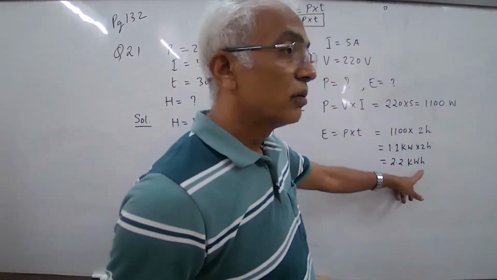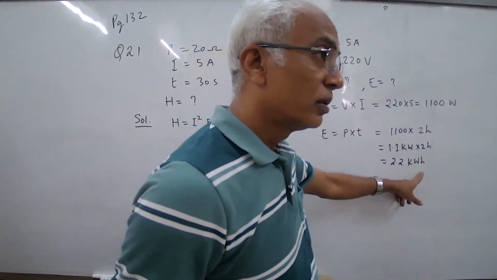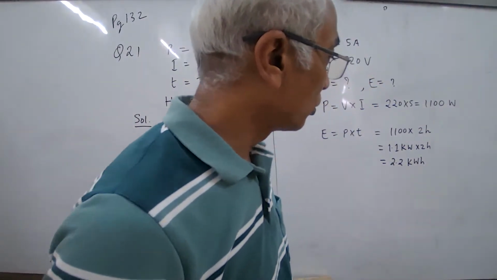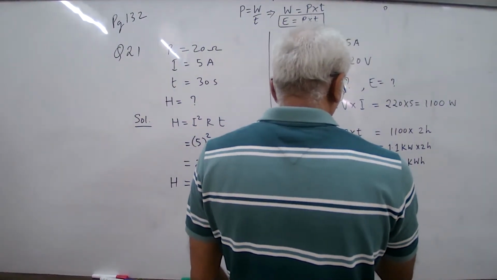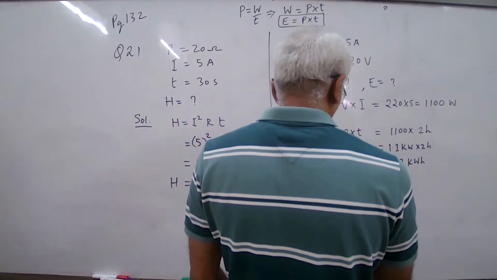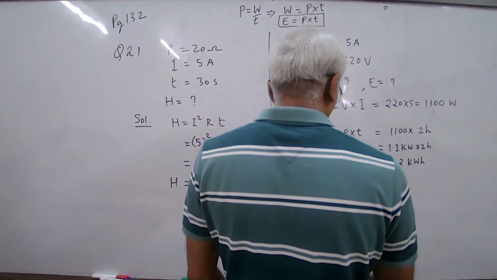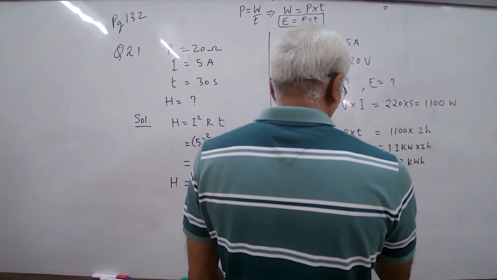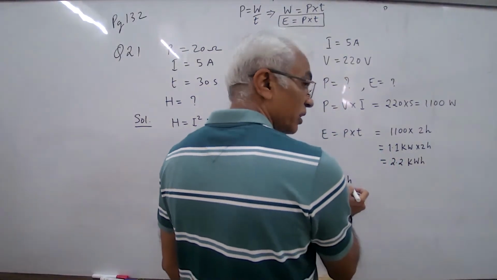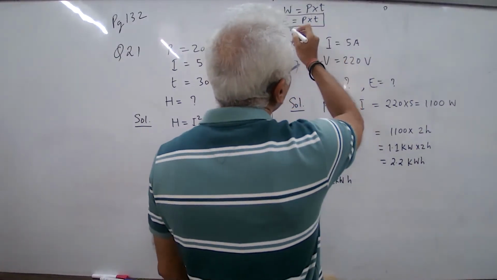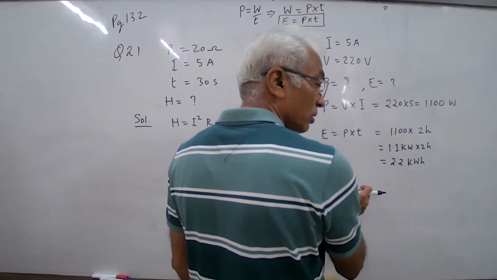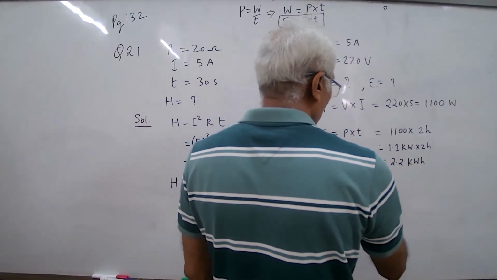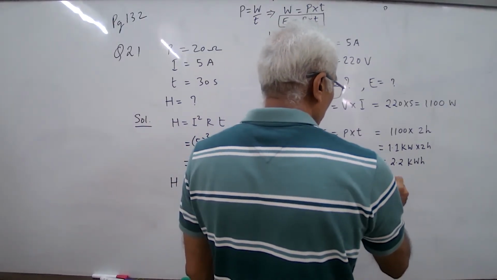And this is the commercial unit of energy, kilowatt hour. It is also called 1 unit. What is 1 kilowatt hour? It is a unit of energy, not power. Whenever you have power multiplied by time, and power expressed in kilowatt and time in hour, this is equal to the commercial unit of energy.